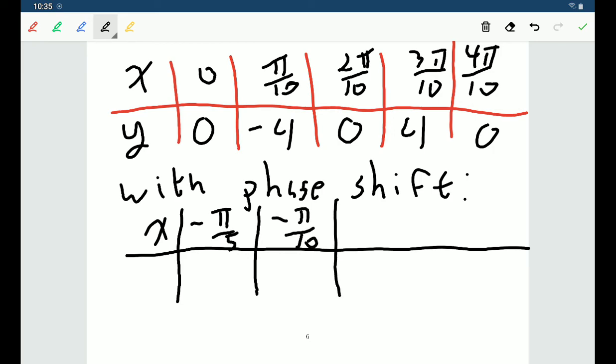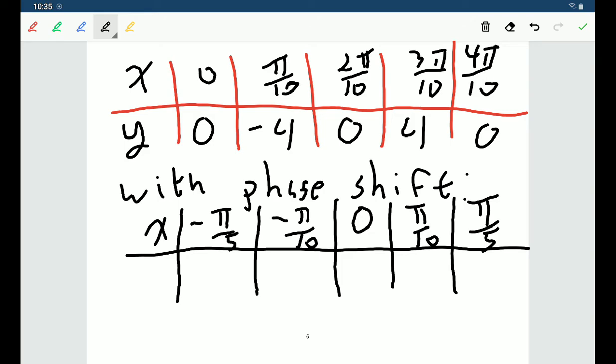And then we have 2 pi over 10 minus pi over 5, or 2/10 minus 1/5. Well, that's 0. 3 pi over 10 minus pi over 5. That's pi over 10. And 4 pi over 10 minus pi over 5. That is pi over 5.